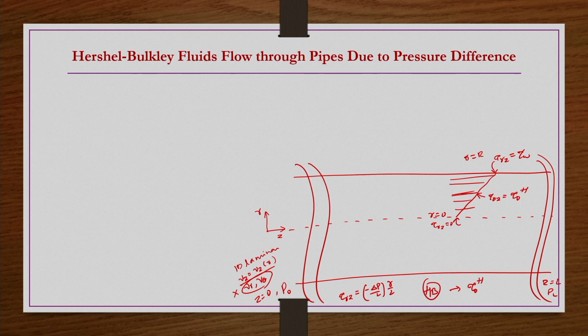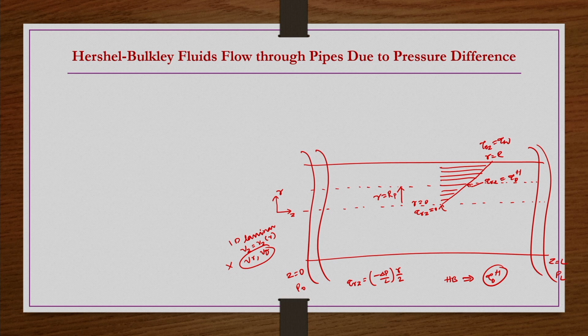Now, let us say this is the location where tau Rz becomes tau naught h, for example. We do not know it yet, but let us say that is the location. We can take this location as r equals Rp. This is the location at which tau Rz has a value equal to tau naught h, the characteristic yield stress of this Herschel Bulkley fluid.